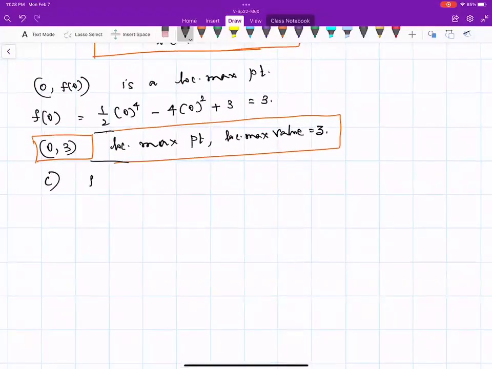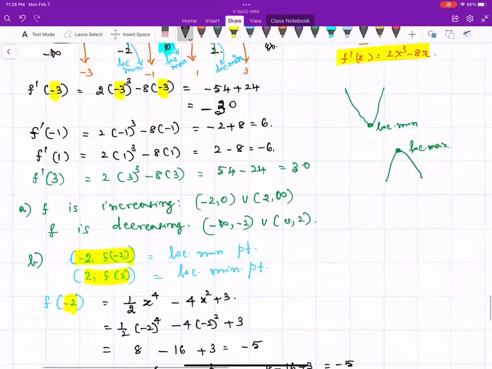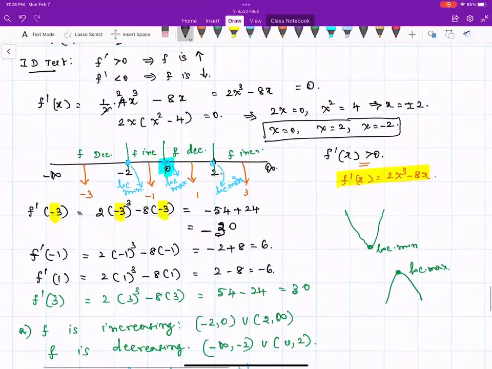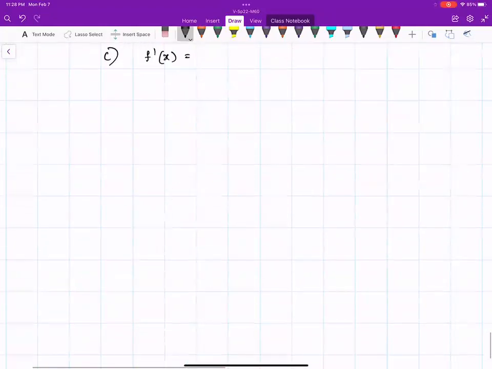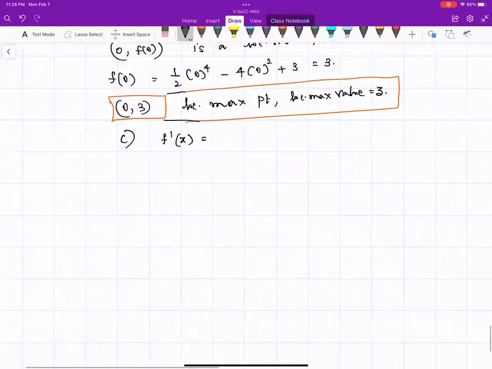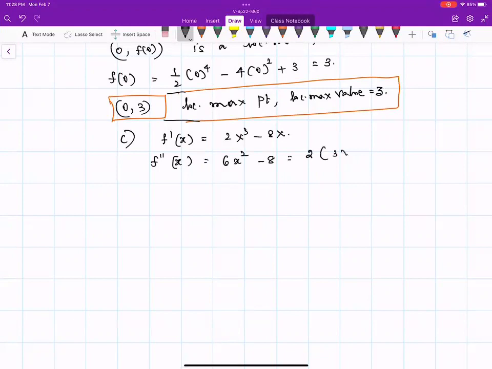We already did the first derivative. We'll start there. The first derivative turned out to be 2x cubed minus 8x. So the second derivative is going to be 2 times 3, 6x squared minus 8. If you take 2 outside, it is 2 times (3x squared minus 4).